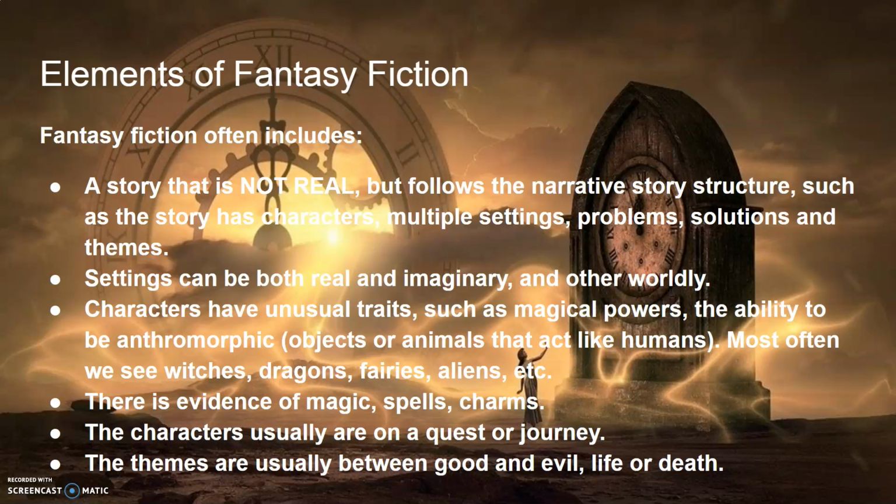So very quickly, fantasy fiction often includes a story that is not real, but it does follow the narrative story structure, such as characters, multiple settings, problems, solutions, and themes. Settings can be both real and imaginary, and otherworldly. Characters have unusual traits, such as magical powers.